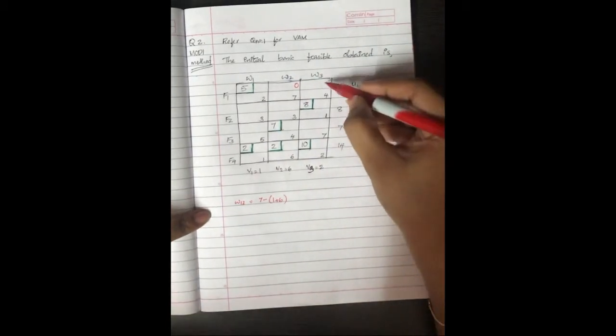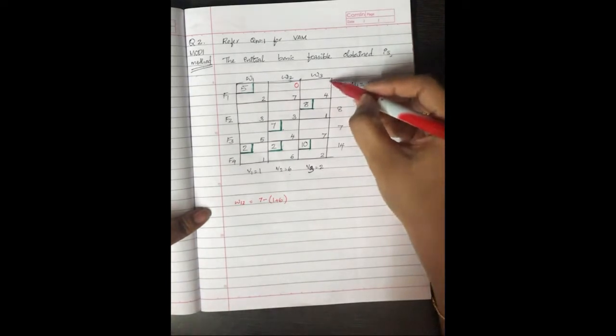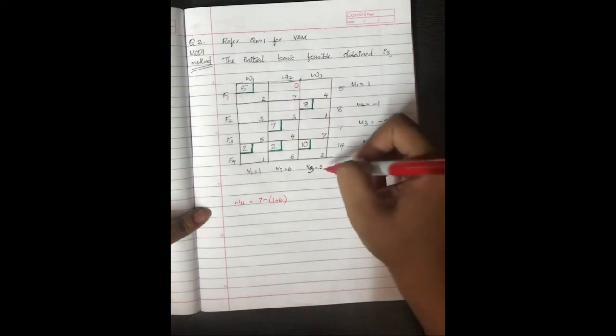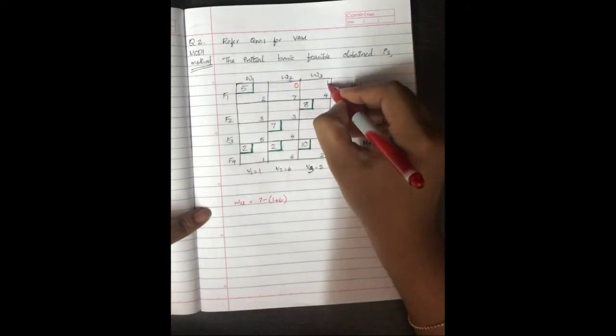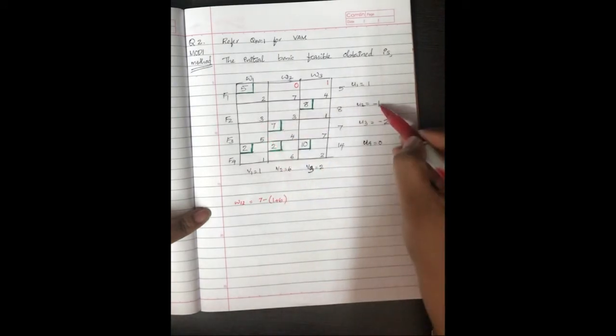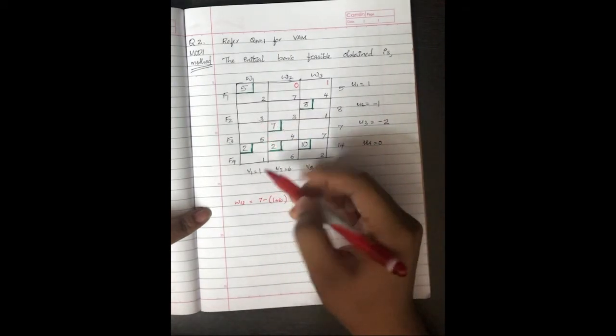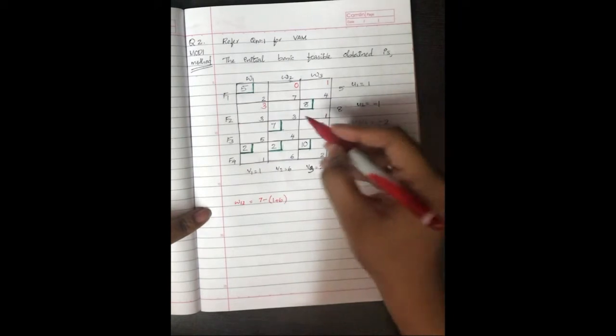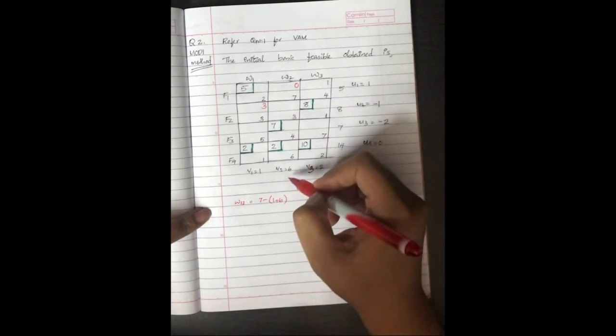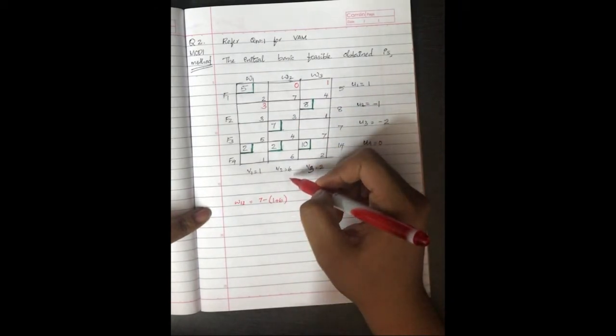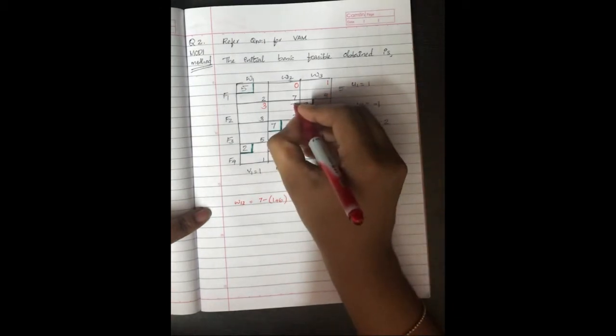So W12 equal to 0. Here 4 minus of 1 plus 2, that is 1. Here 3 minus of minus 1 plus 1, so the answer is 3. Here 3 minus of minus 1 plus 6, so the answer is minus 2.